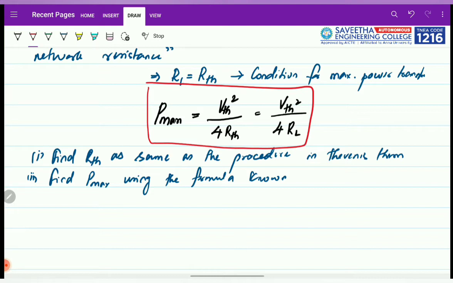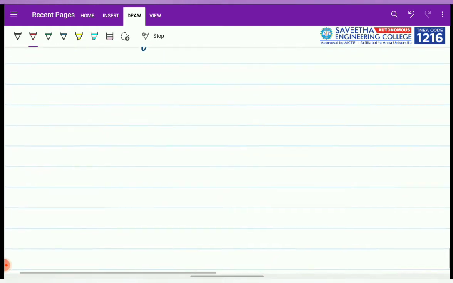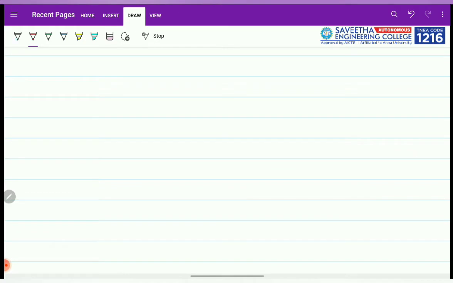Now we will see a simple problem. We will repeat the same question that was given to us in the previous Thevenin theorem.